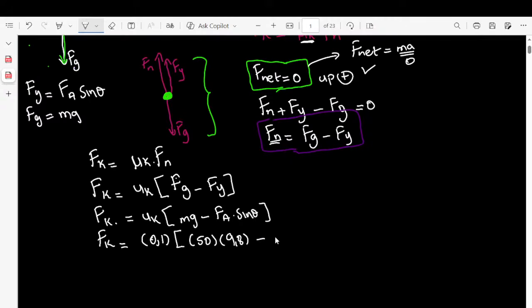So I'm going to minus the F applied of 100 newtons times the sine of that angle, which was sine 30. We put this inside the bracket. Therefore, the answer that you get is your frictional force. The reason I do my equation first is I'm avoiding rounding off any answer. I only want to round off the final answer.